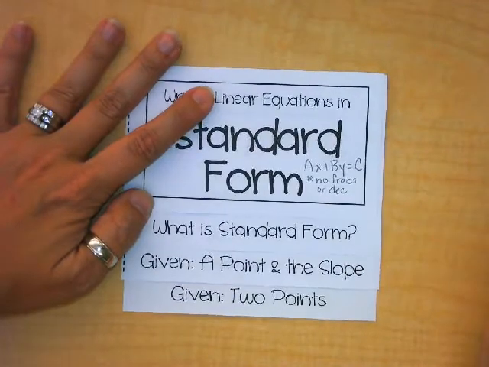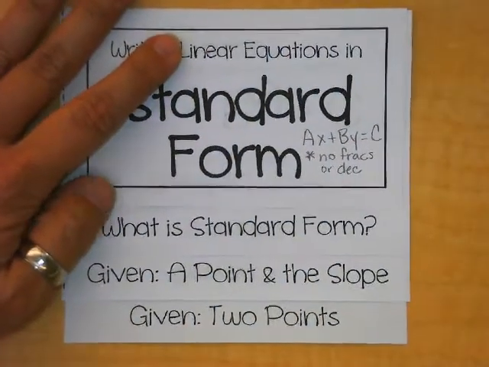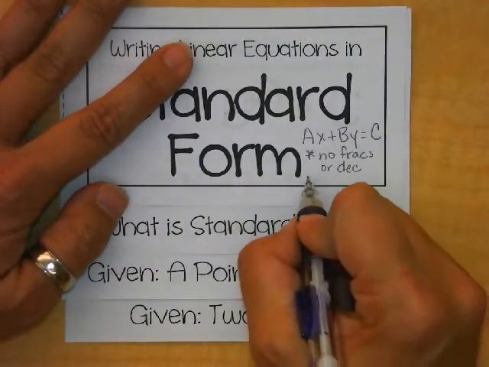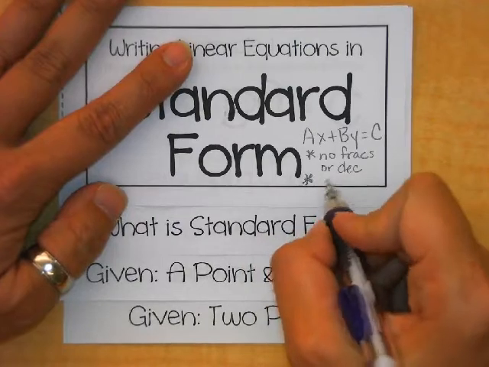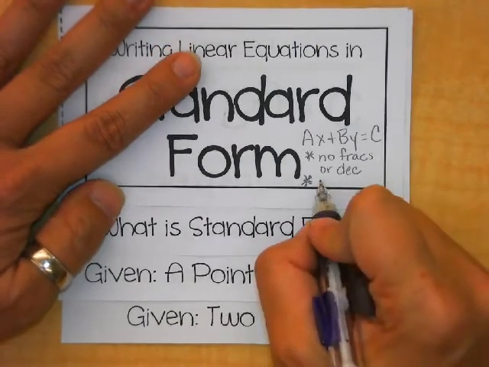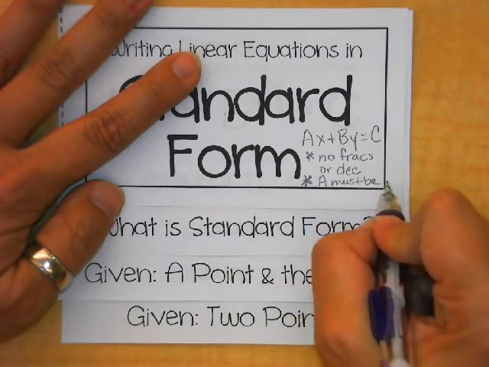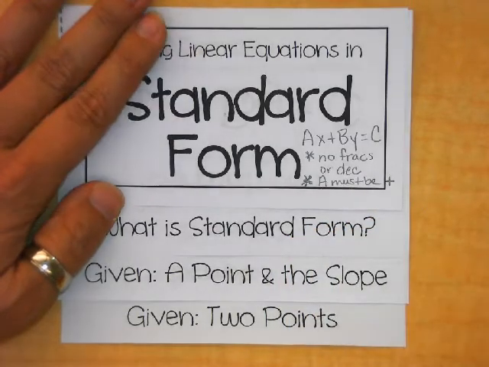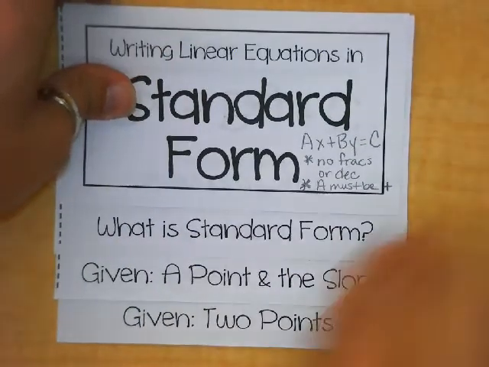A, B, and C are going to always be integers, positive or negative whole numbers. The other rule that you will see, and sometimes people follow and sometimes they don't, A must be positive. And we're going to talk about how to do that. So make sure you've got that.